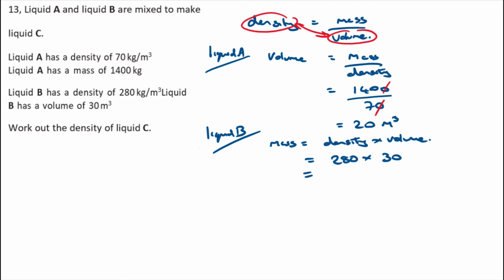So multiplying those together, 28 times 3 is 84, so 8,400 kilograms. Looks a lot bigger than the other one, but it's a lot denser. So maybe that's why.